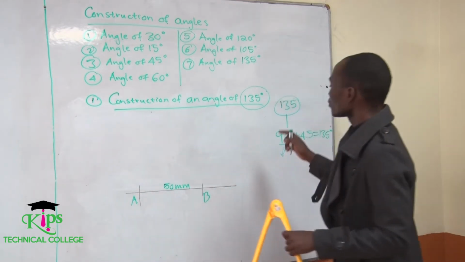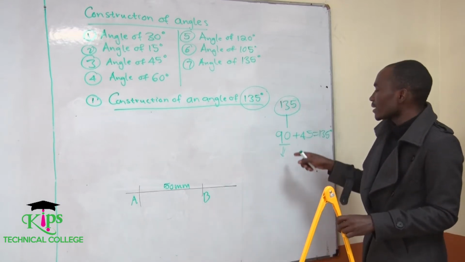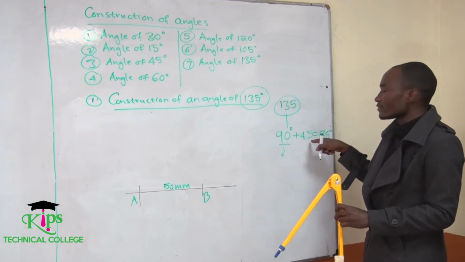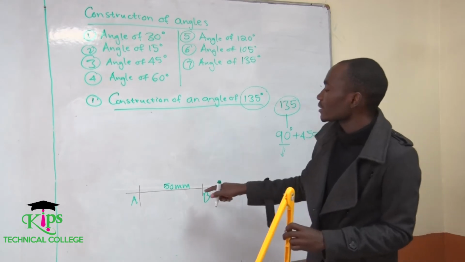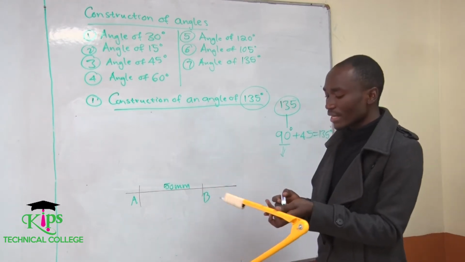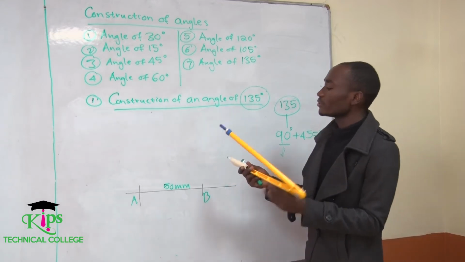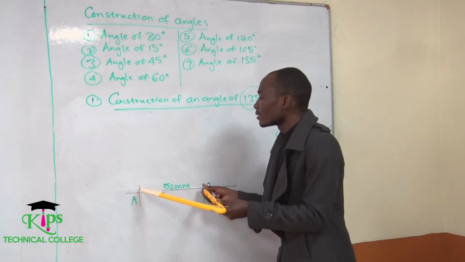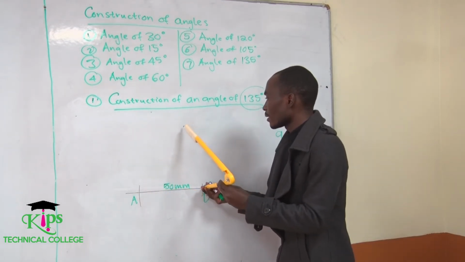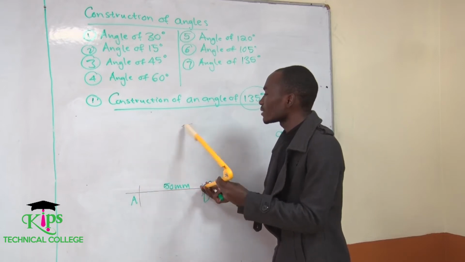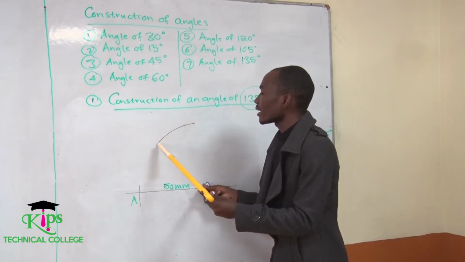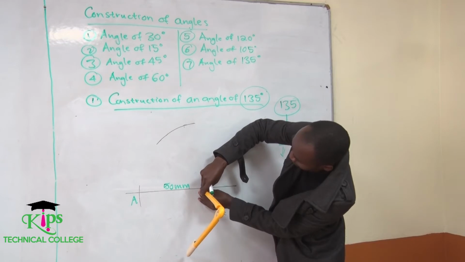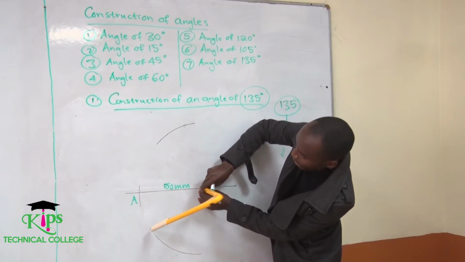Then, to construct this angle, first of all, we said you have to construct an angle of 90 degrees, and from there you add the 45 degrees. So let me construct an angle of 90 degrees. I will stand here, and using the same measurements, I will make an arc, then below here I will make another arc.